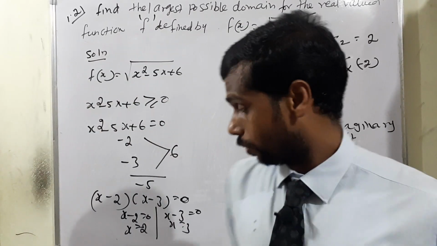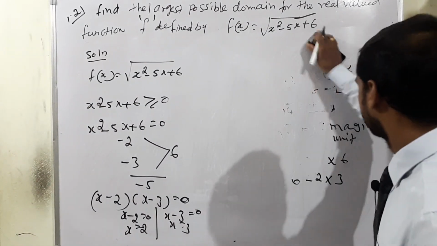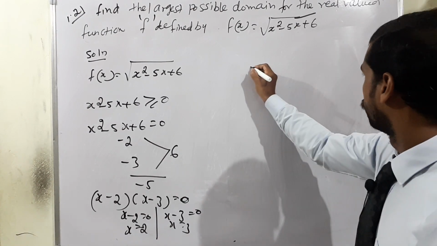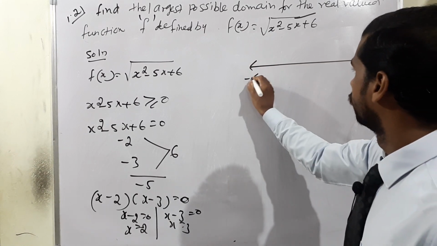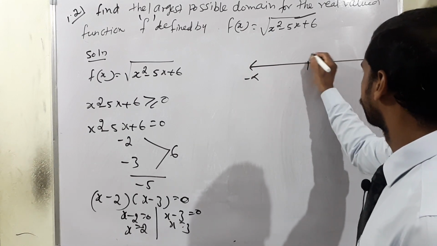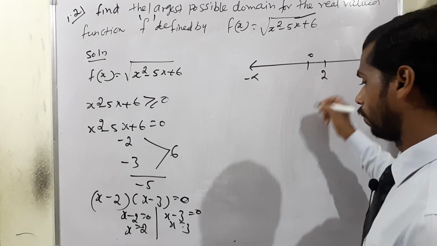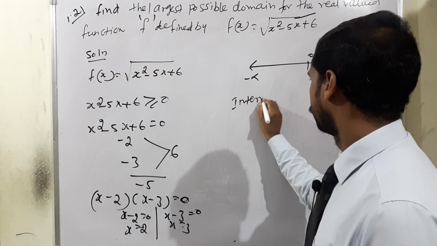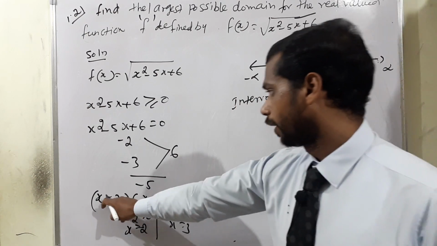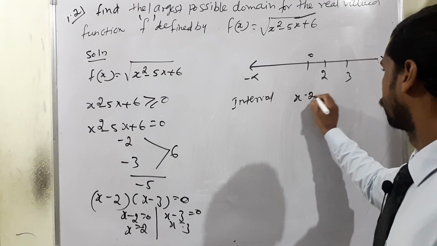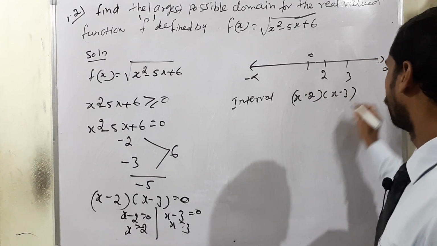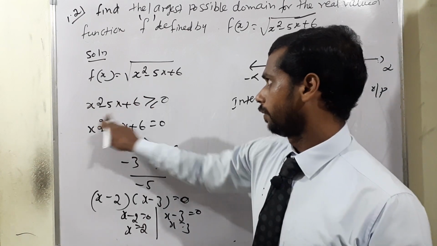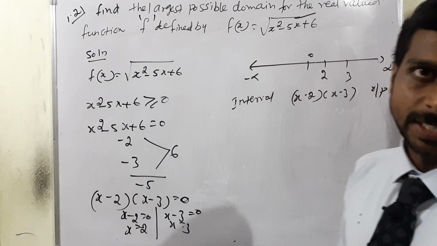If we make a number line, from negative infinity to positive infinity, with center 0, we mark the values 2 and 3 and make the intervals. Then we check the sign of x minus 2 and x minus 3, which is the same as the sign of x square minus 5x plus 6.